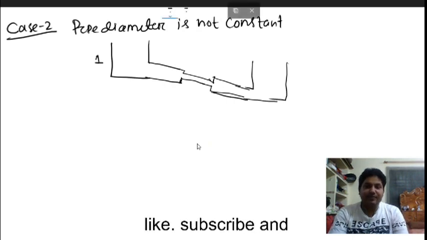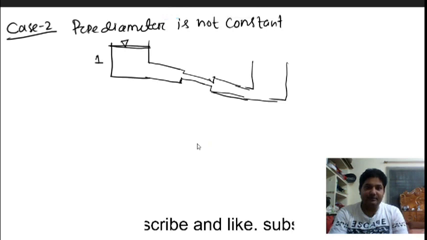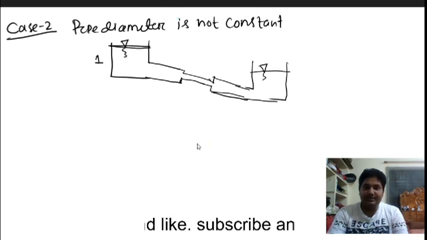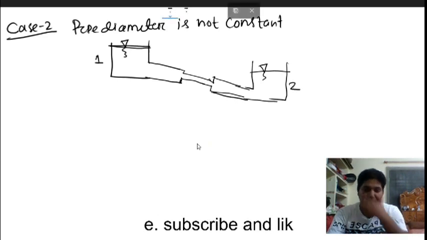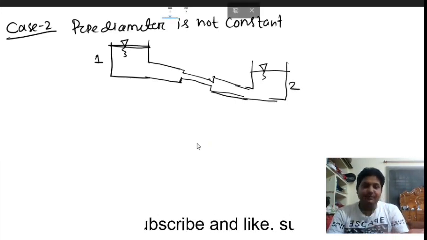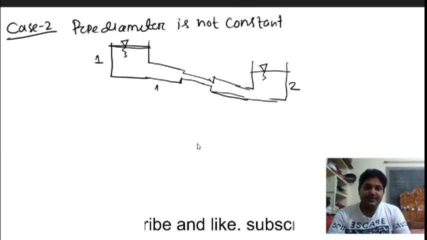Now this is the free surface level of reservoir 1, and this is the free surface of reservoir 2. Suppose this is pipe 1, this is pipe 2, and this is pipe 3.